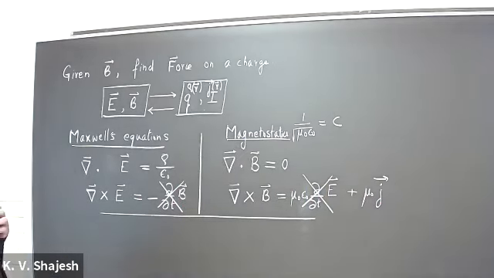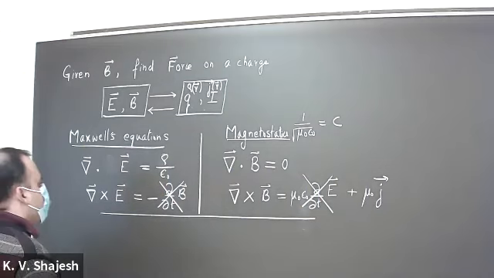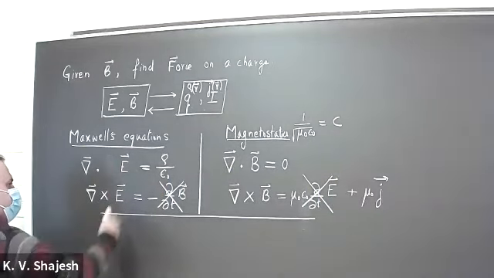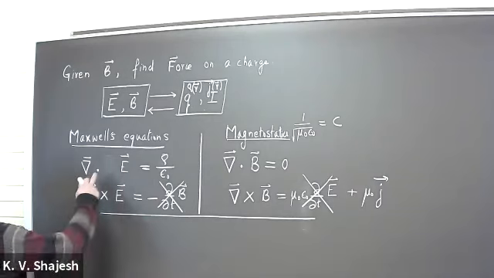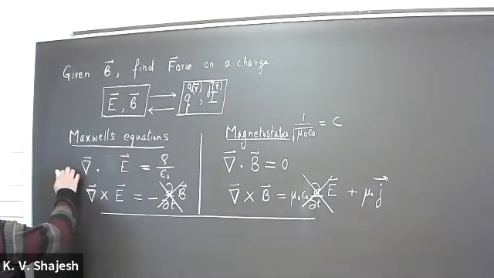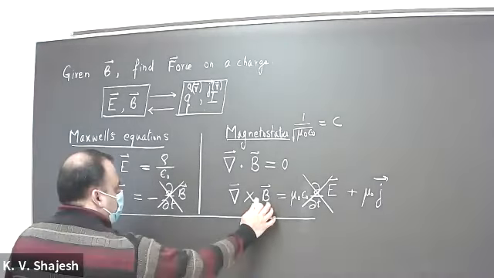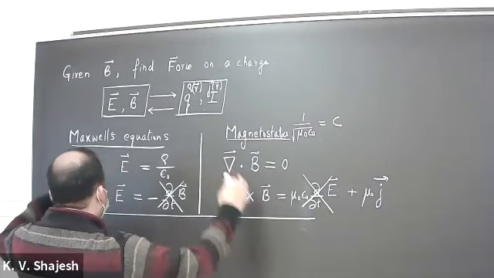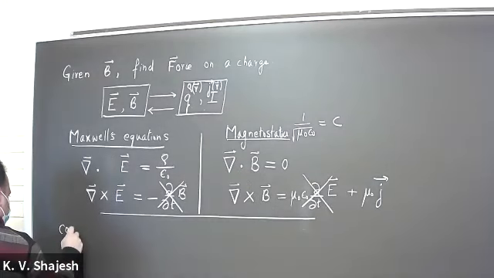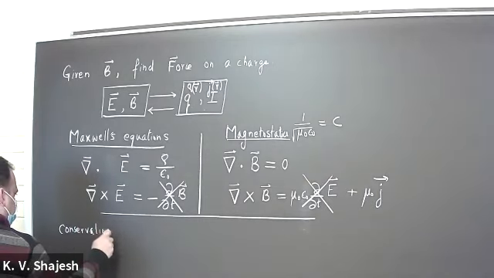So let's go back and remember our conservation of charge, which is derived from these four equations. Like if I take a time derivative here and a divergence here and add, that is a conservation of charge.